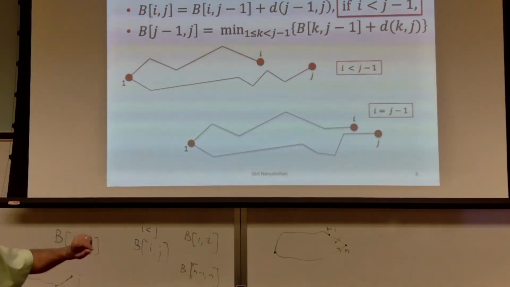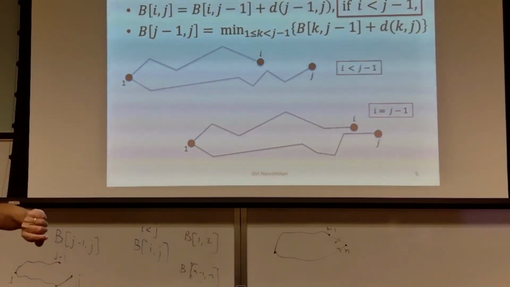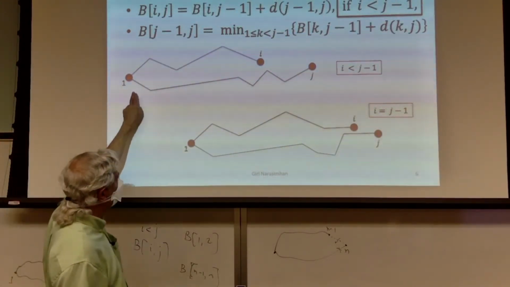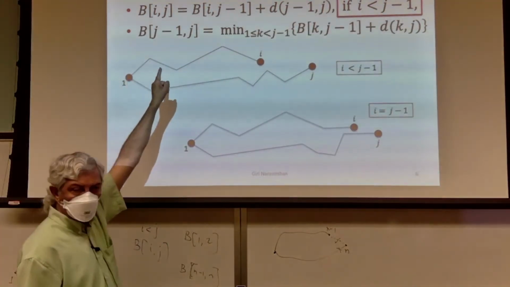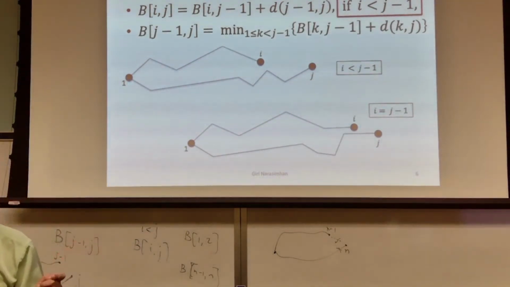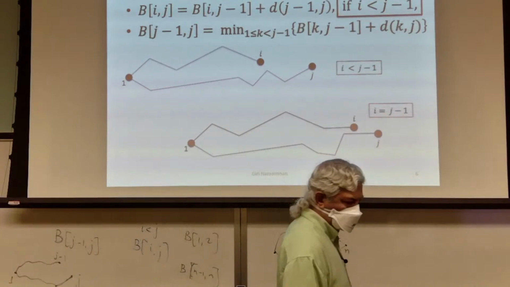Okay? And it turns out that there are two cases, and those are the two recurrences. One case looks like this, the other case looks like this. And the first one is a simple computation. The second one requires looking at a whole bunch of different possibilities. So that's the code that we are trying to write now.